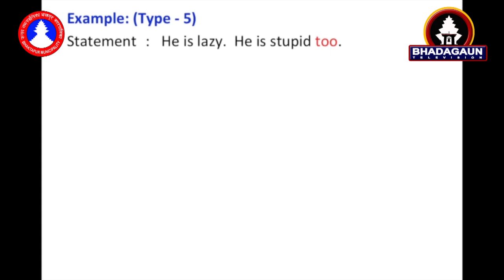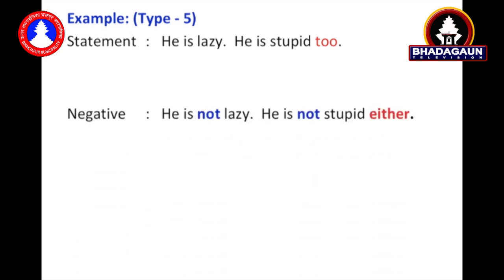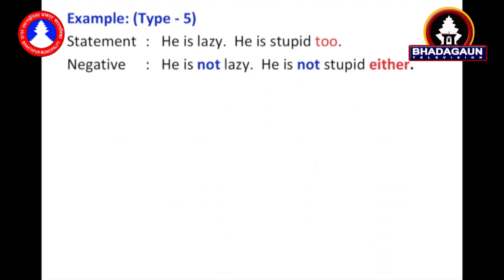And how to change these sentences into negative? Let's see the negative sentence. He is not lazy, and it's the simple one, where we have just used not next to is. And again another sentence: he is not stupid either. Not is used next to the auxiliary verb is, and too is changed into either.